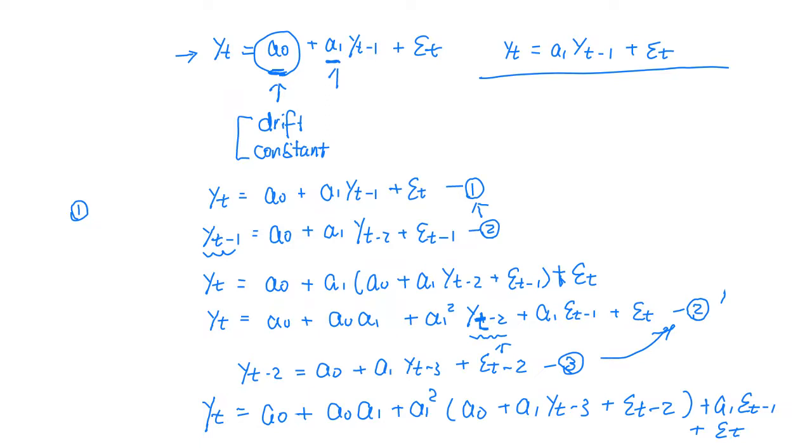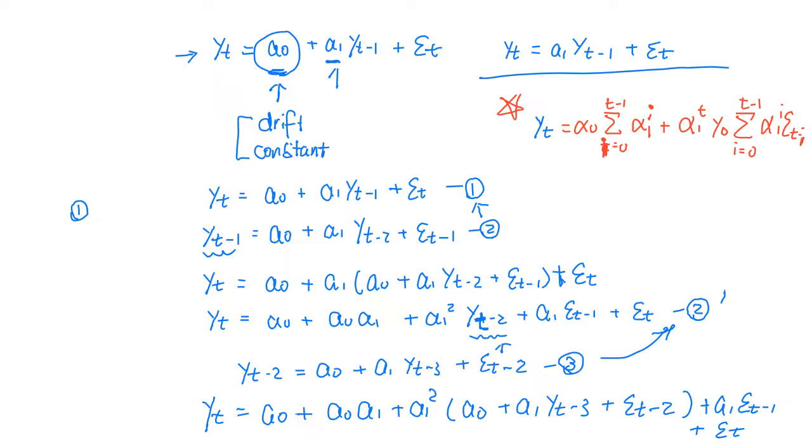So if you do a little bit of organization on your iterative function, this is the general representation of this AR(1) process: the sum from i equals 0 to t minus 1 of alpha 1 to the i times alpha naught, plus the sum of alpha 1 to the i times epsilon_{t-i}.